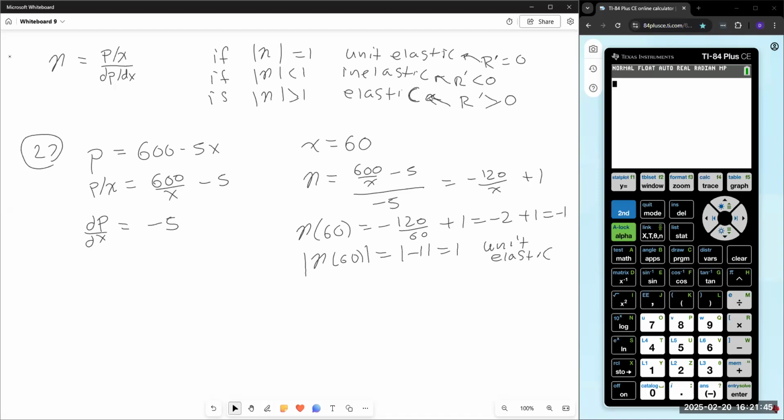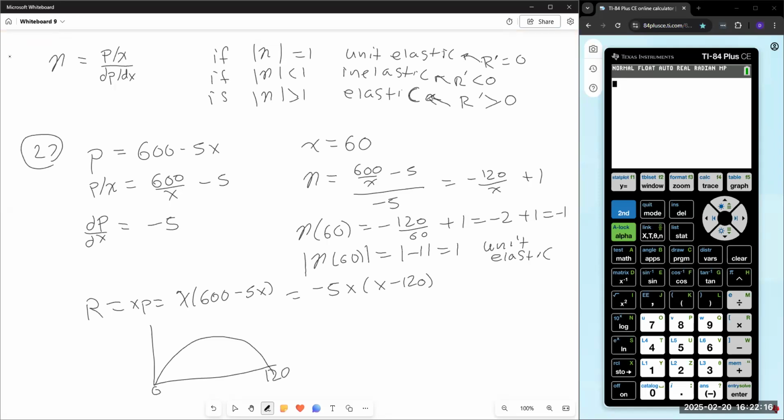And if I look at the revenue curve here, R is equal to xP, which is x times 600 minus 5x, which will be the same as -5x times x minus 120. So I can sketch a revenue curve that has zeros at 0 and 120, and it opens down, and halfway between there will be my vertex at 60.